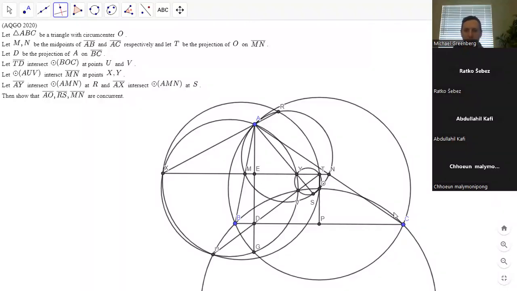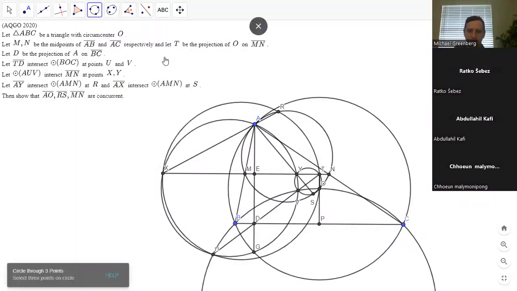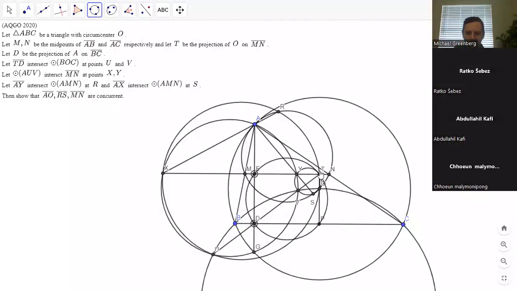Maybe there's one more cyclic quad we have to find. Obviously, TEDP is cyclic. Does anything else lie on that? So it's kind of like we want to show that these circles are homothetic, right?